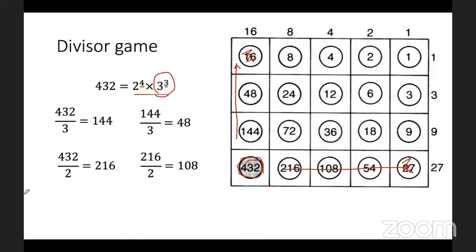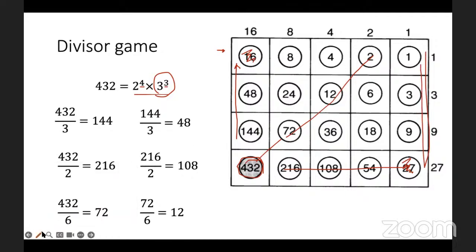Now, if you look at this diagonal, those are all a combination. So it's 432 divided by 6 going this way. Once you get to this top row, everything is just a factor of 2. Once you get to this extreme column, everything's a factor only of 3.